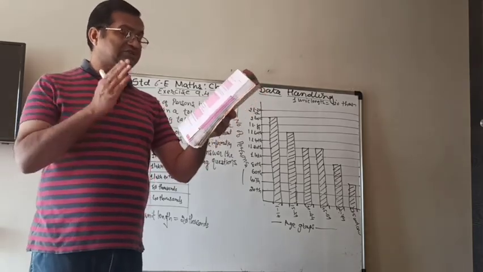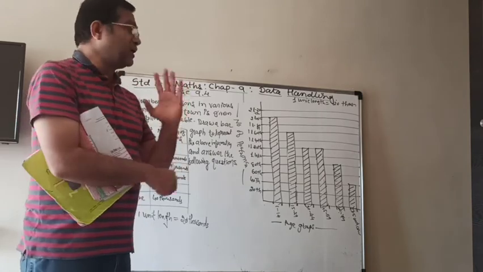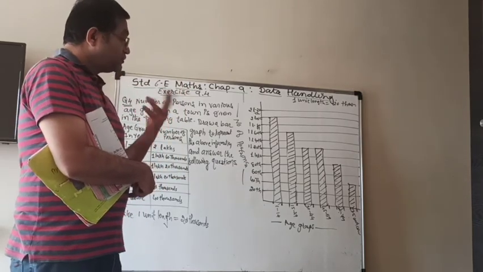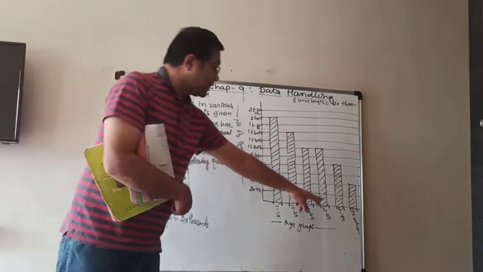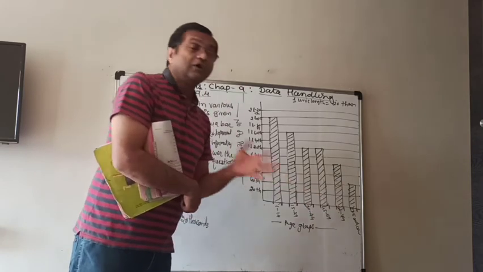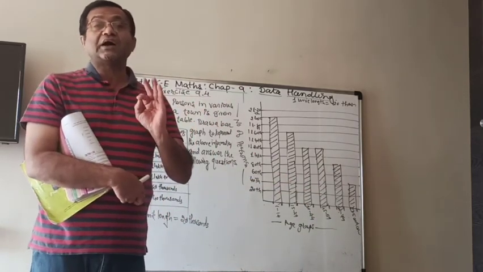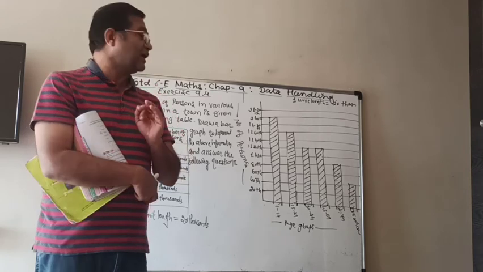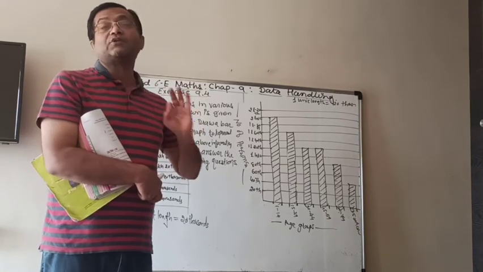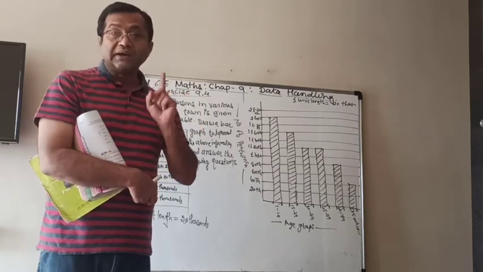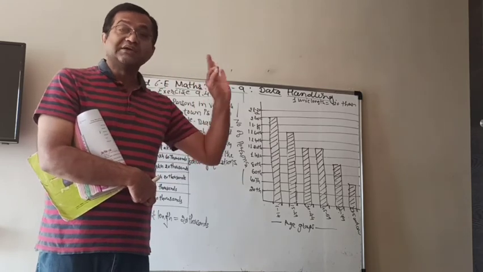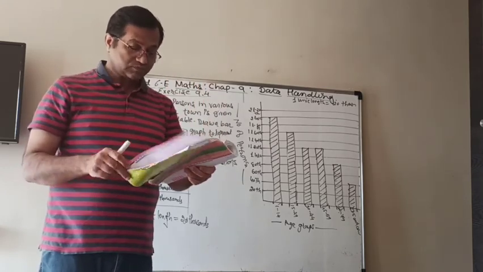How many senior citizens are there in the town? 60 and above. Where is the 60 and above? 60 and above is from here. So you have to decide how many senior citizens there are. That I am not going to tell you. You have to write it down on your own. It is a very simple answer.